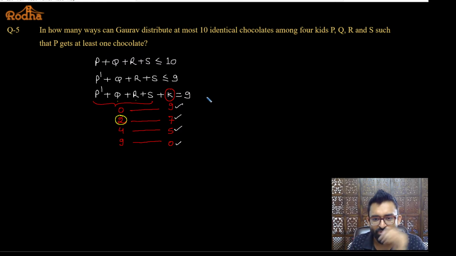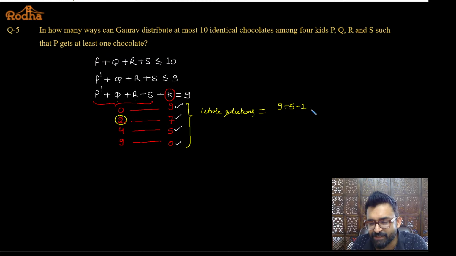Yes. So over and above this, what kind of solution am I looking for? Whole solution. Whole solution of the equation. Now what is the whole solution? I just told you, 9 plus 5 minus 1 C 5 minus 1, that will come out 14 C4. 13 C4, I'm sorry, 13 C4.